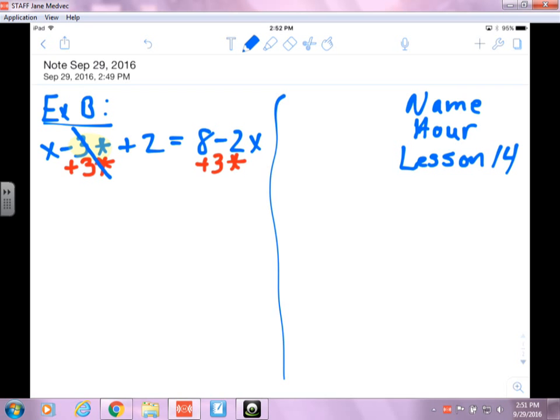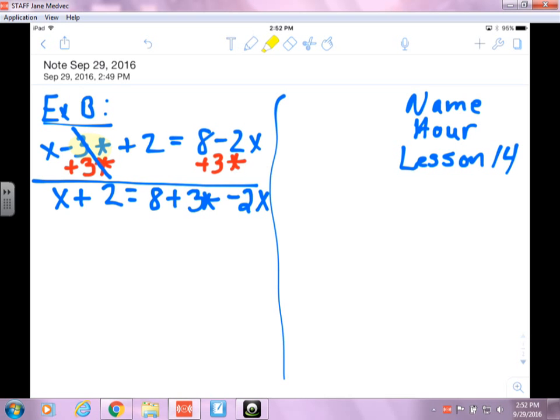I'm going to draw my line, which makes it a little easier to organize my information. So I end up with x plus 2 equals 8 plus 3 star minus 2x. I had a minus 3 star and couldn't take it away from anything, so I'm going to add it to each side. What I do to one side, I have to do to the other.